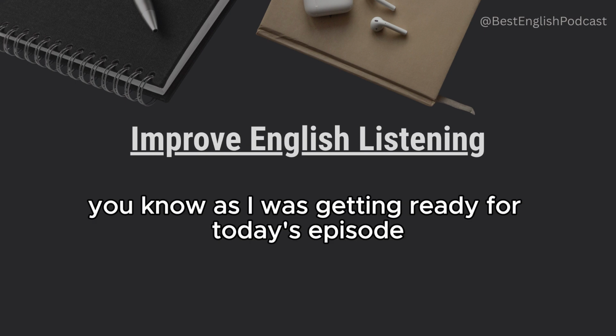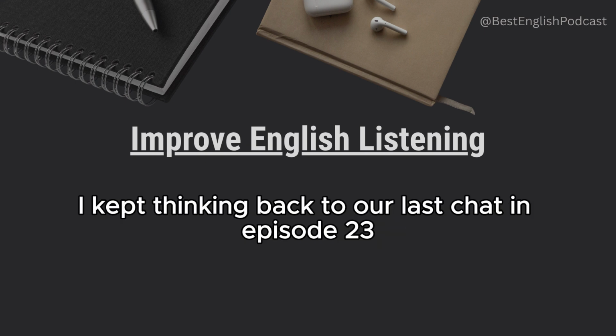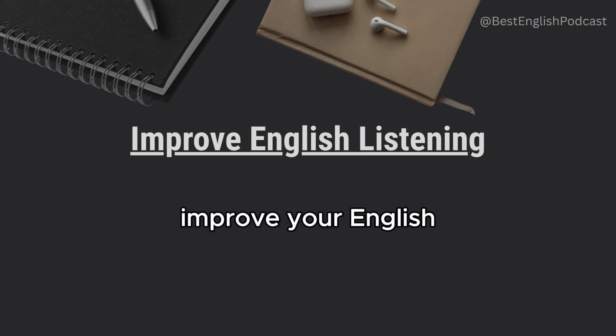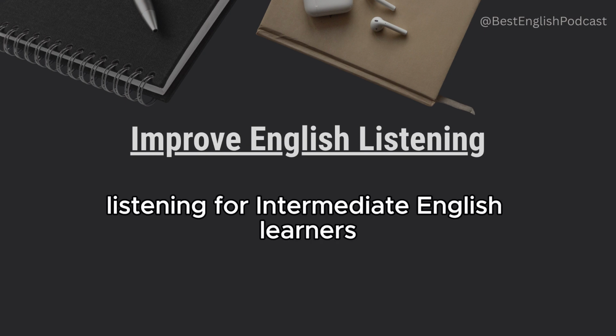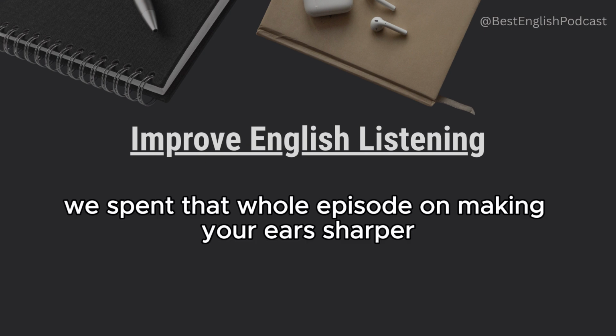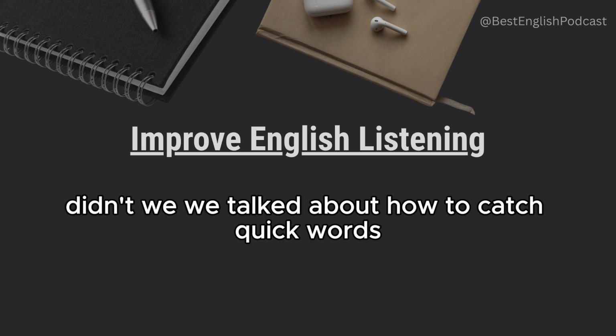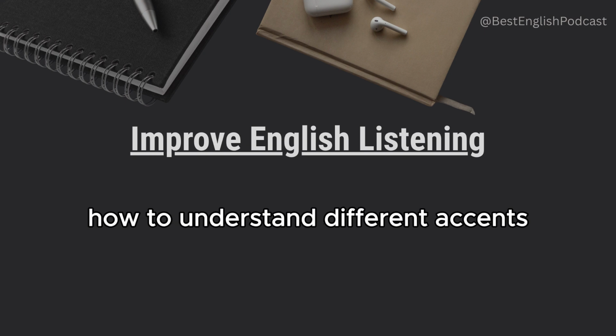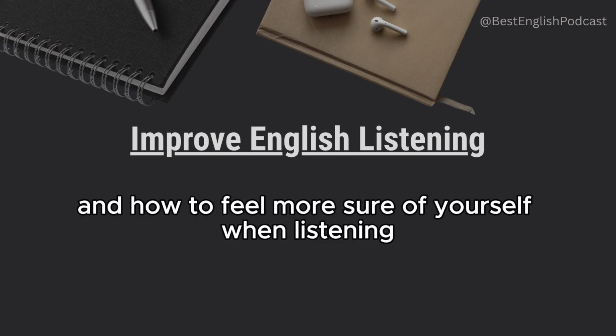You know, as I was getting ready for today's episode, I kept thinking back to our last chat, in episode 23. Improve your English listening for intermediate English learners. We spent that whole episode on making your ears sharper, didn't we? We talked about how to catch quick words, how to understand different accents, and how to feel more sure of yourself when listening.